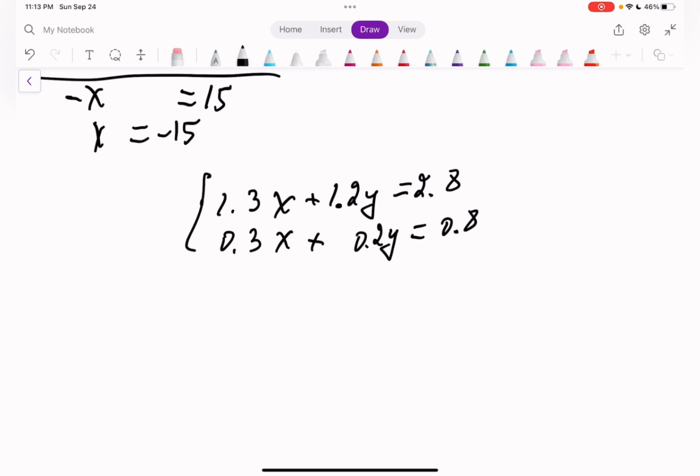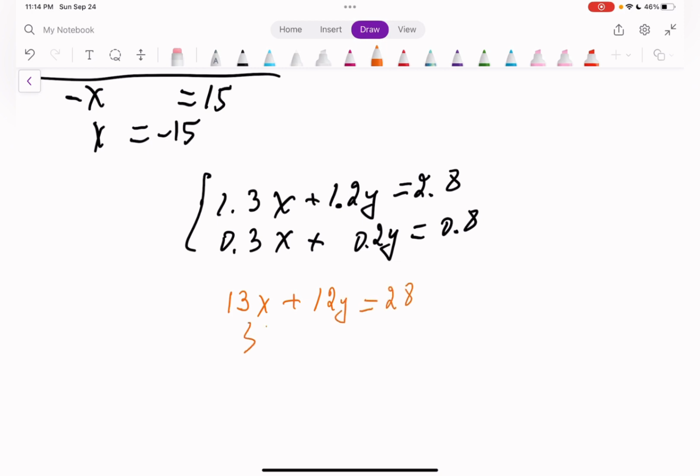First of all, the coefficients are in decimal notation, but because all of them are decimal, every single one I'm going to multiply by 10, meaning instead of 1.3 I will get 13x. Instead of 1.2 I will get 12y. Instead of 2.8 I would get 28.